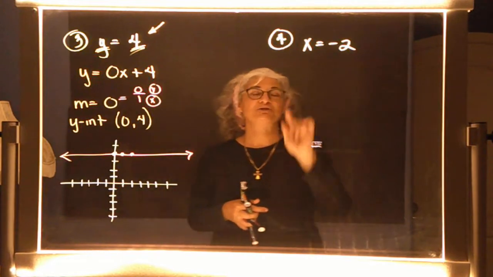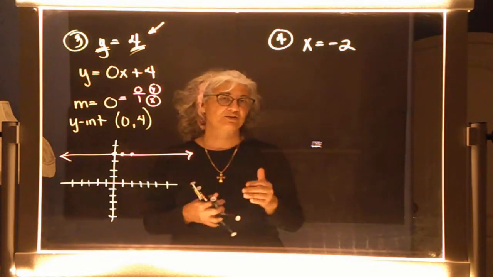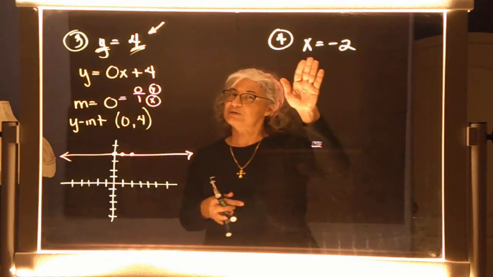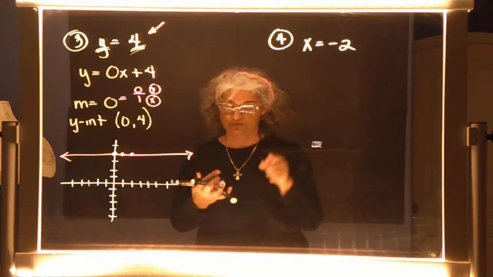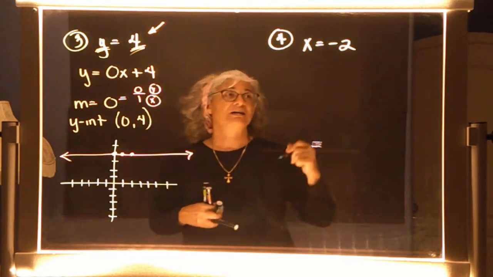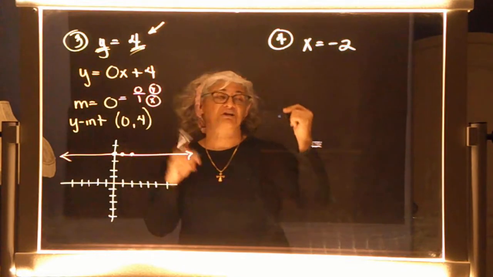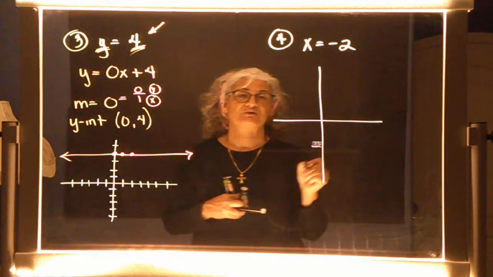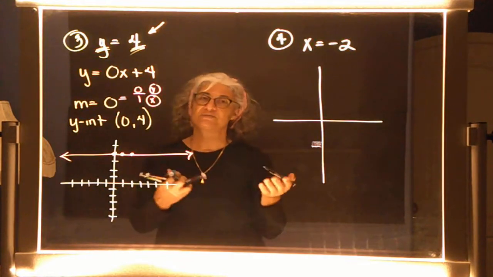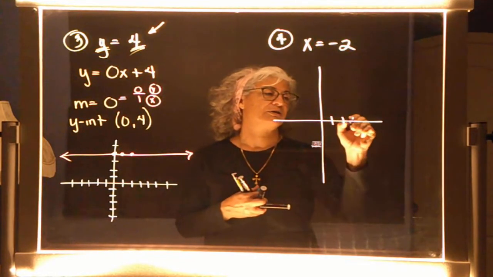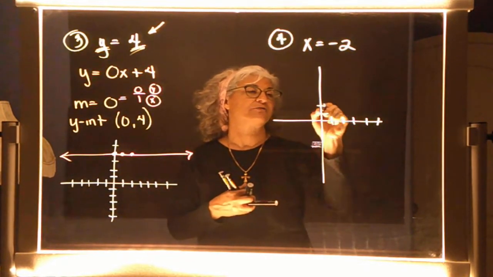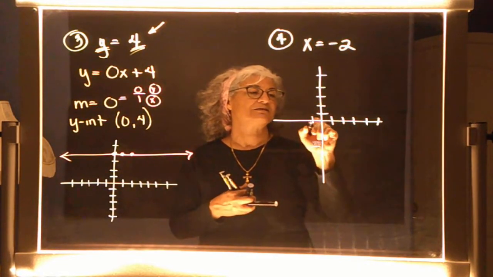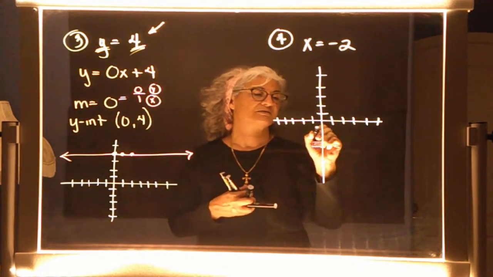Okay, let's look at this one. Now this one is a little bit different in terms of finding a slope and a y-intercept. My recommendation is you graph that one right away, because that one's very different. Trust me. Because you're like, well, I don't even see a y. Yeah, I don't even see a y either for a y-intercept. By the way, we know how to graph this line. This is a line passing through which axis?